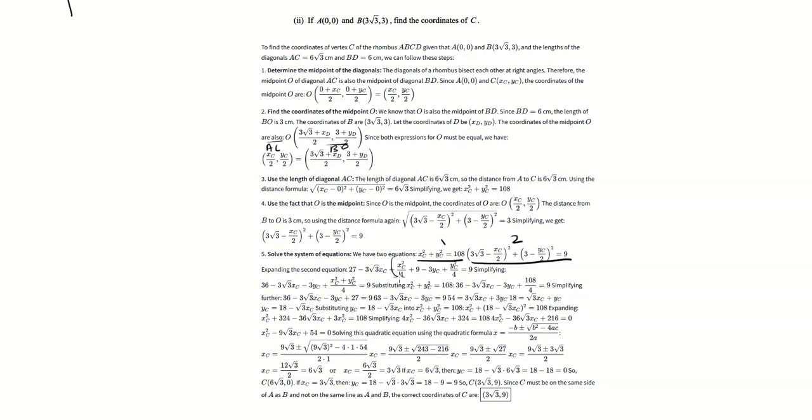Notice that you have xc squared over 4 and yc squared over 4. That's xc squared plus yc squared over 4, and we know that's 108, so this whole thing is 108 over 4, which is 27.